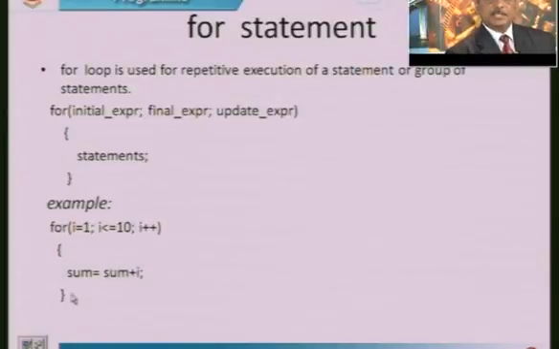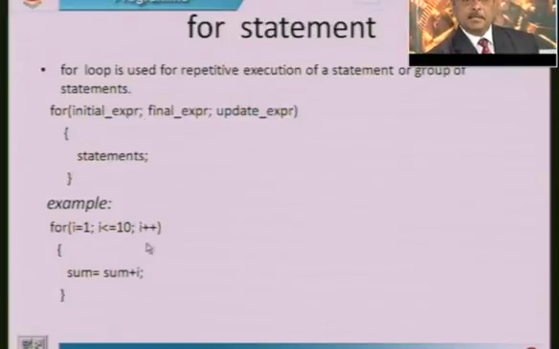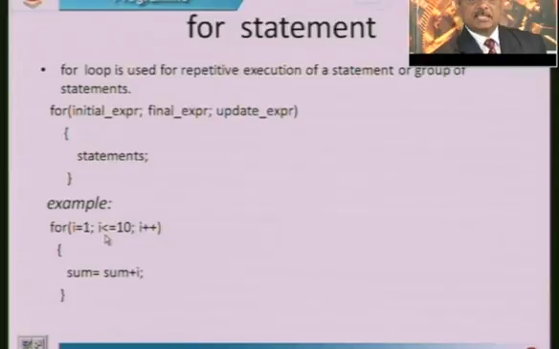After executing this statement, the control goes back and increments the value of I, and then it checks whether I is still less than or equal to 10. If that condition is true, control goes inside the loop and executes this statement. This statement will be executed until this condition is satisfied.